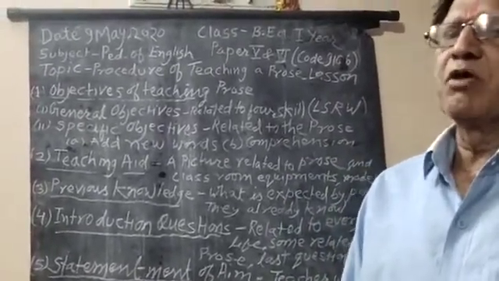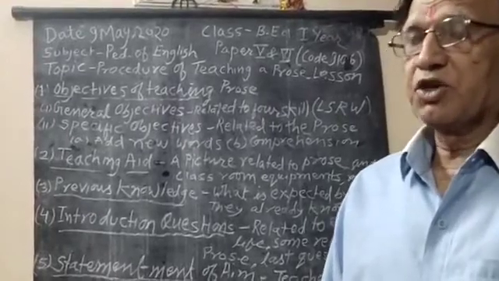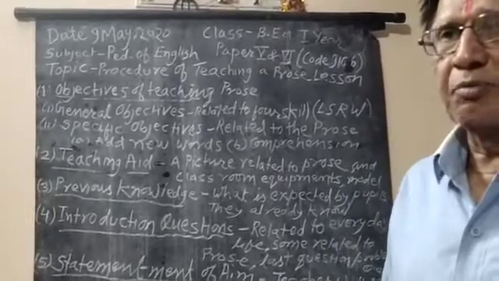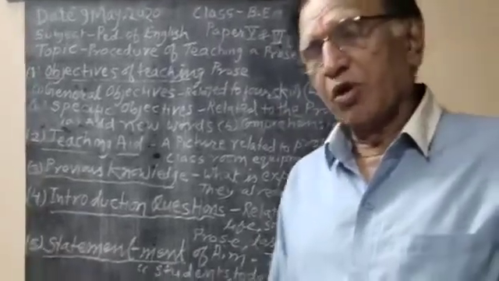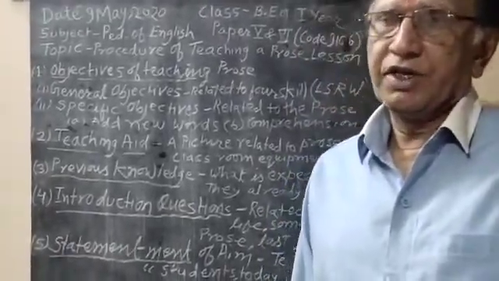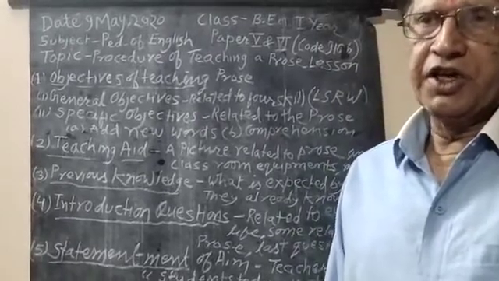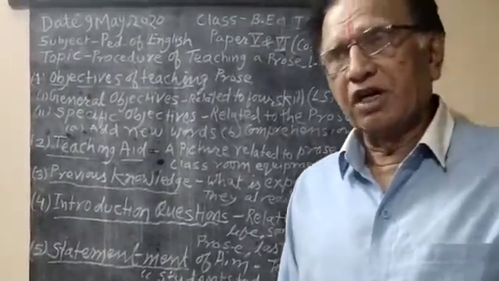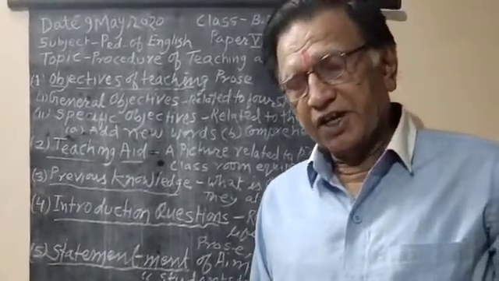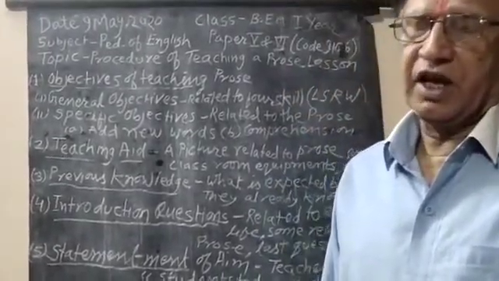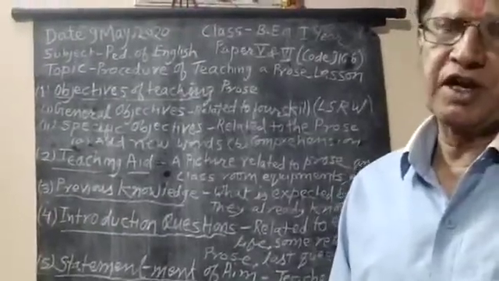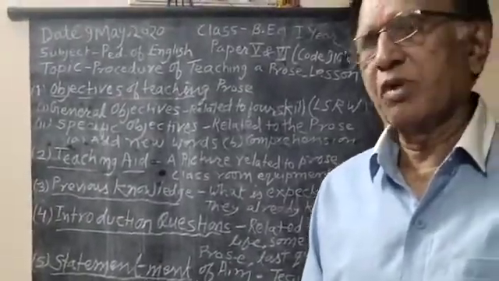Or if it is about some king like Rana Pratap, then the picture of Rana Pratap should be brought in the class. In this way, teaching aid means model, picture, sentence card, etc. and usual classroom equipments like duster, chalk, blackboard.